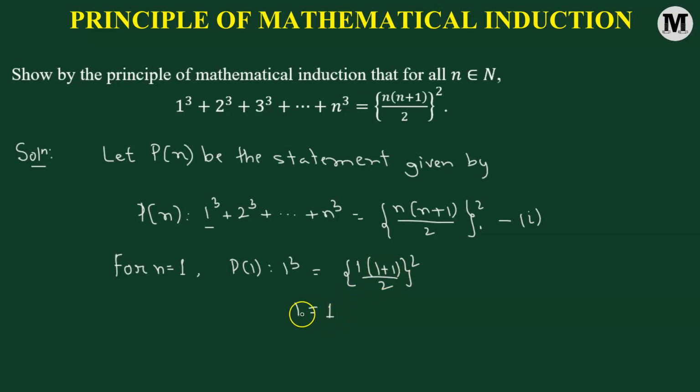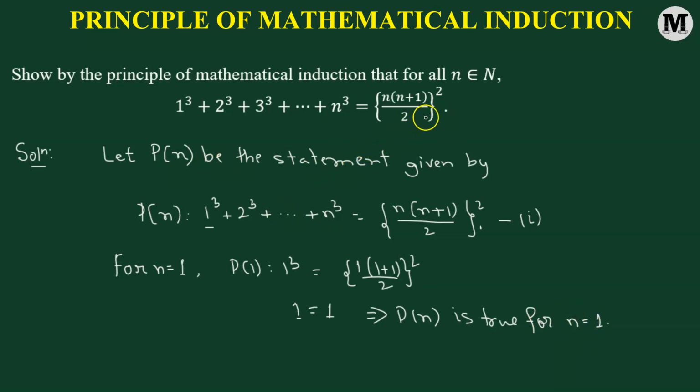Squaring it gives us 1, which means we're getting 1 equals 1, and it tells us that this particular statement P of n is true for n equal to 1, the first natural number.